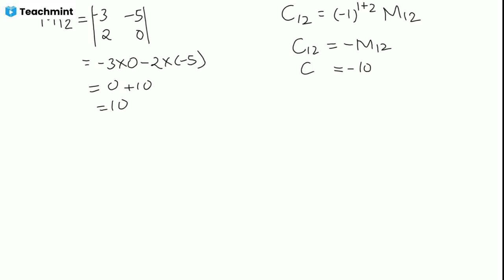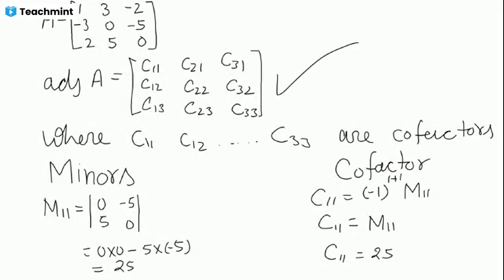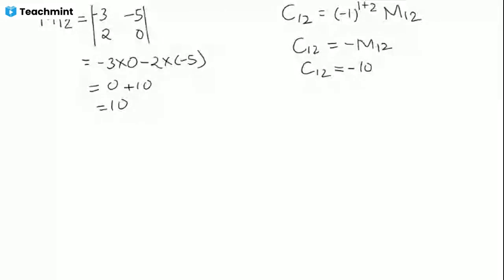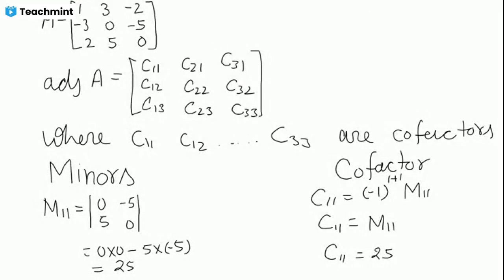In this way, we need to find all C11, C12, C13, C21, C22, C23, and up till C33. We need to find all nine of these elements. So now let us find M13. Now leave the element of first row and third column.